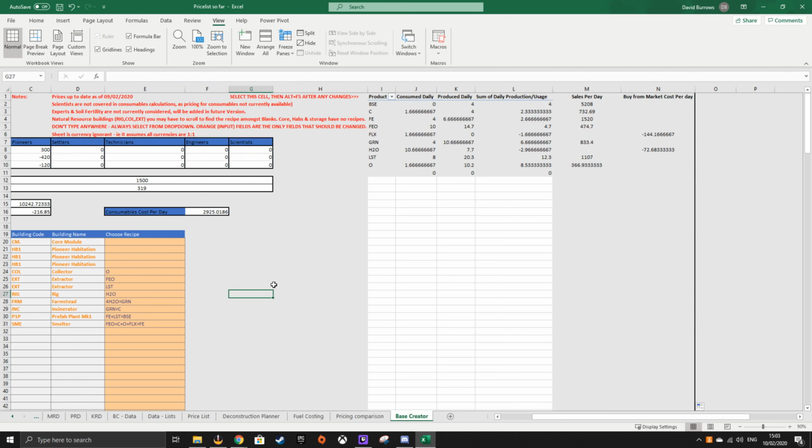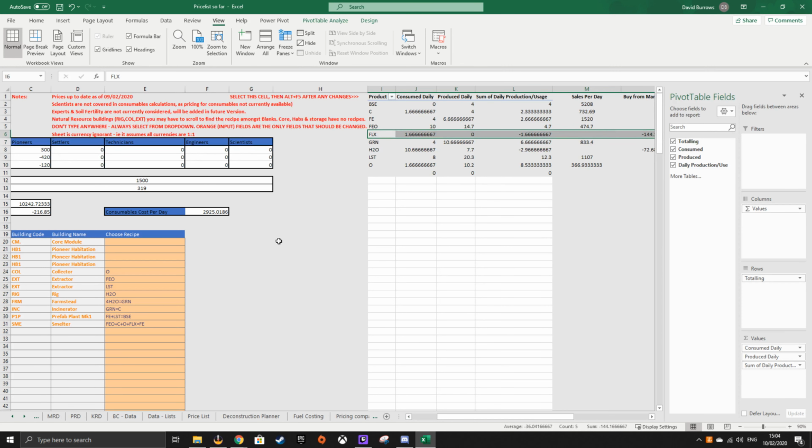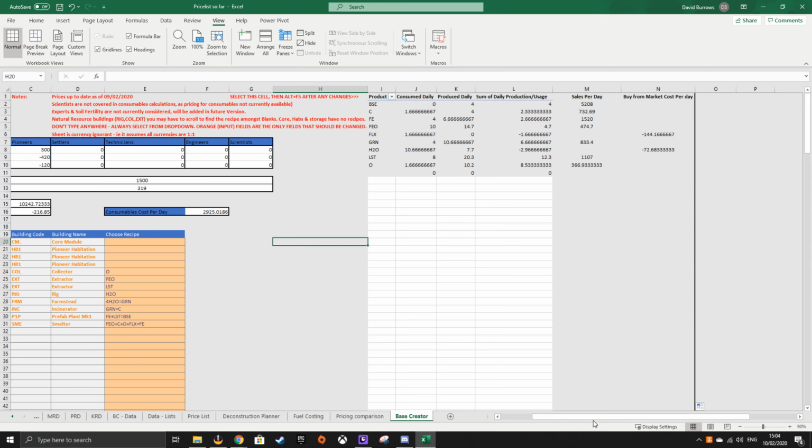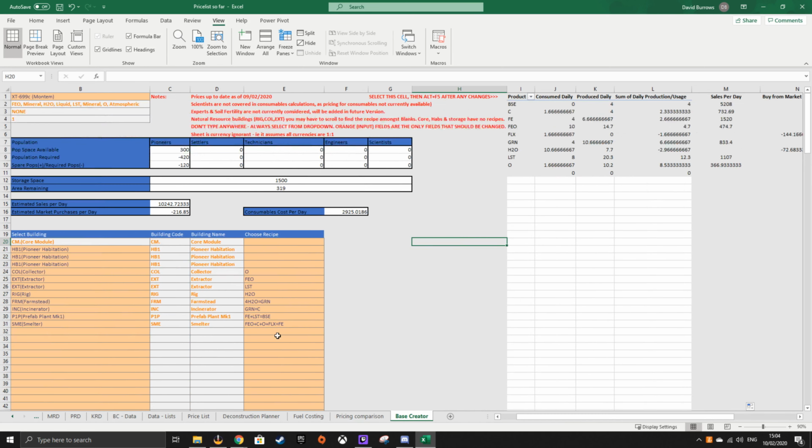There we go. Okay, so you can see the things that we would need to buy per day is actually some extra H2O and some flux just to keep this running. So you can see we're producing the FeO, so the iron ore, the carbon, and the oxygen ourselves.